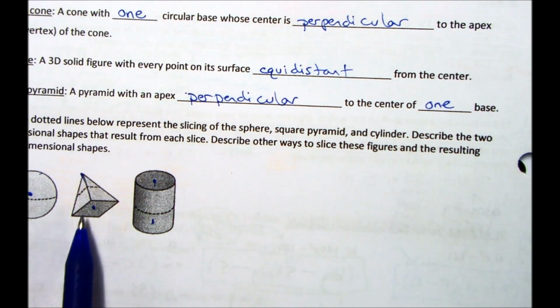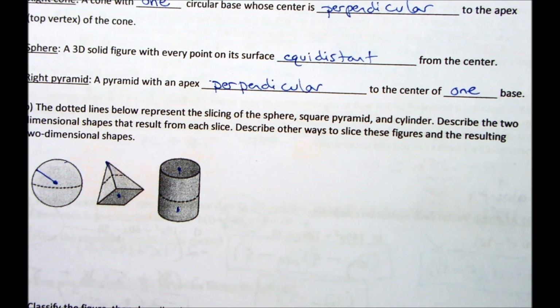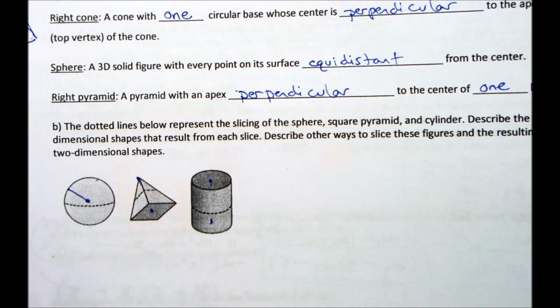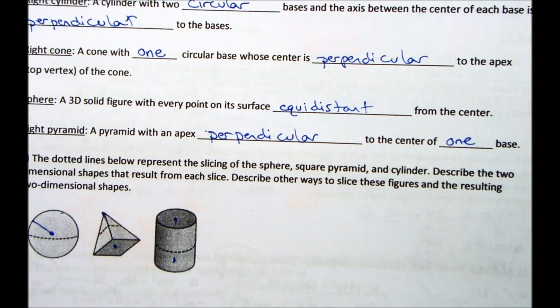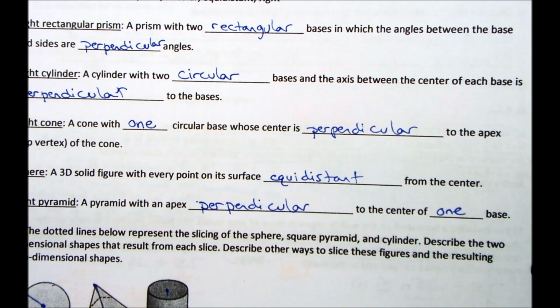There's only one base in a pyramid rather than two. All right, so those are some of the definitions to get you familiar with the different types of three-dimensional figures that you need to know.